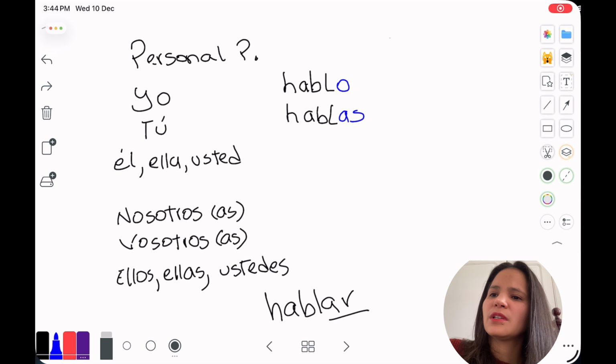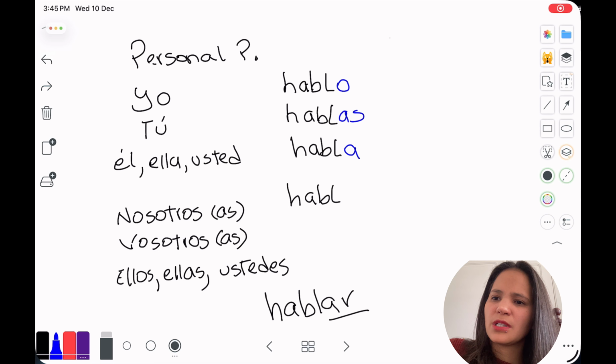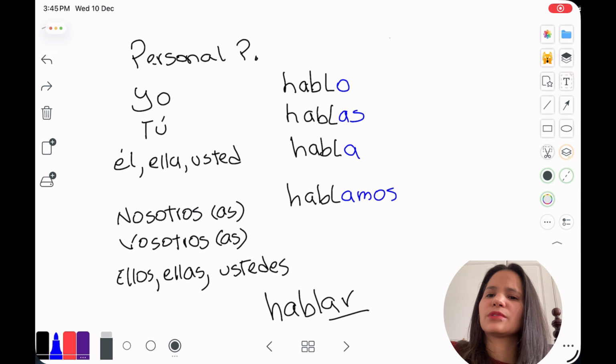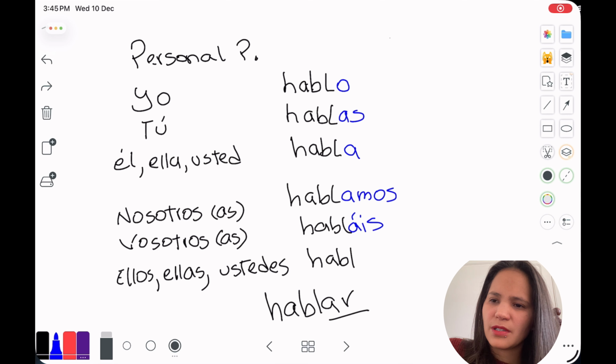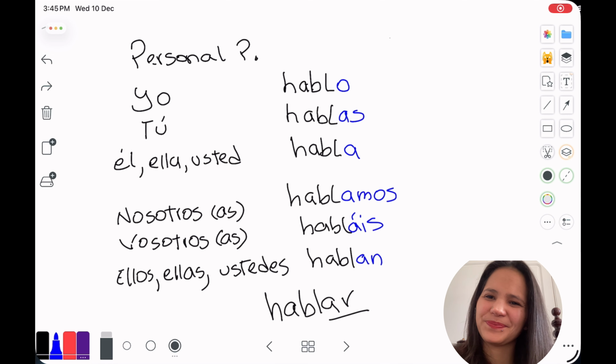For tú, hablas. For él, ella y usted, habla. Nosotros hablamos. Vosotros habláis. Ellos, ellas, ustedes hablan.